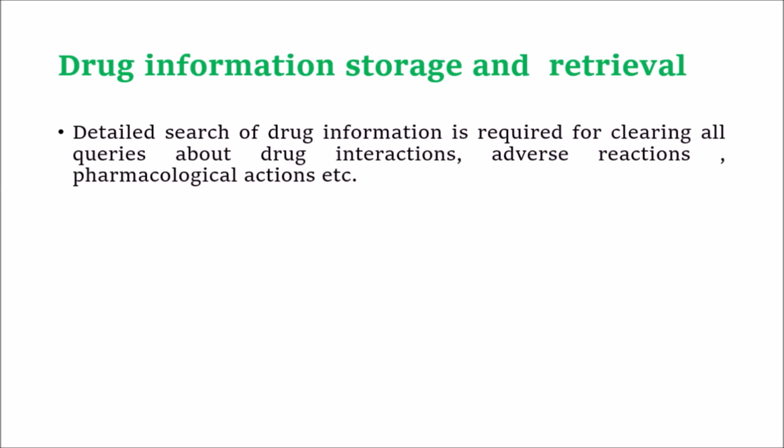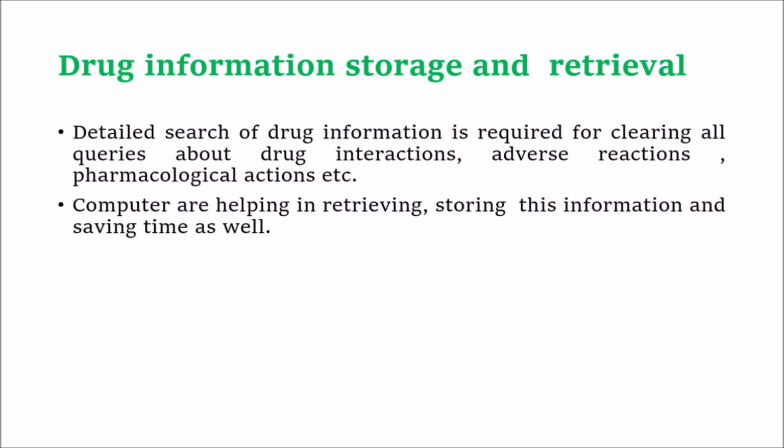So the pharmacist must have a detailed search of drug information: how the drugs are reacting, interacting, and what the adverse reactions are. How can that person search it? Computers are helping. By using a computer, they can retrieve and store the information, and they can save time.